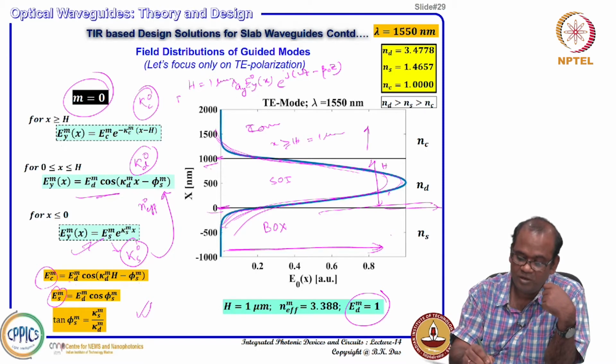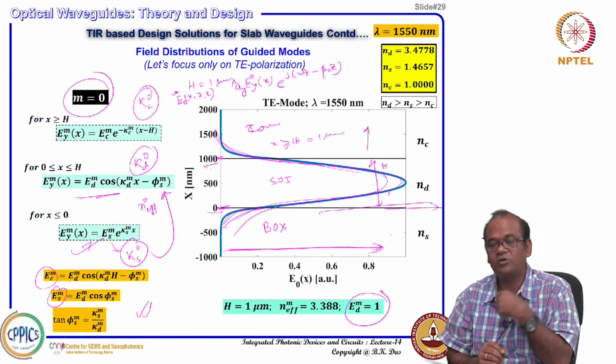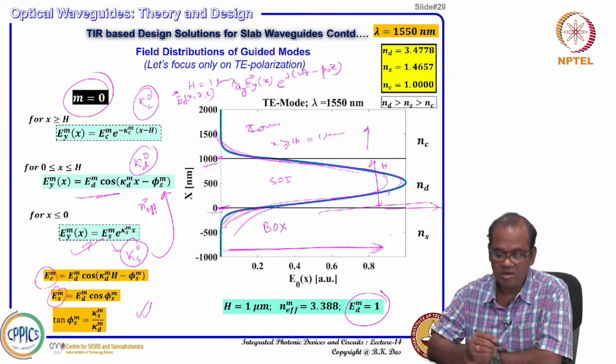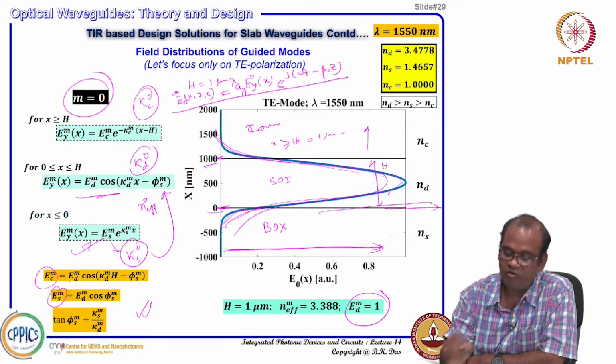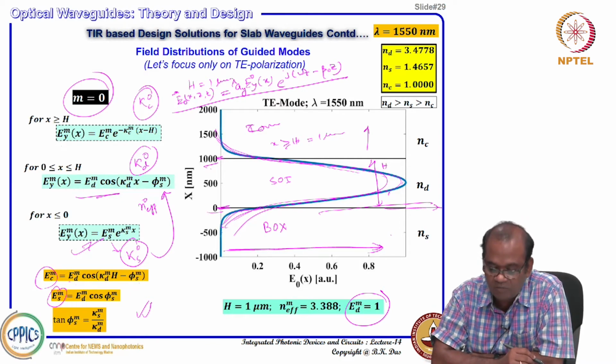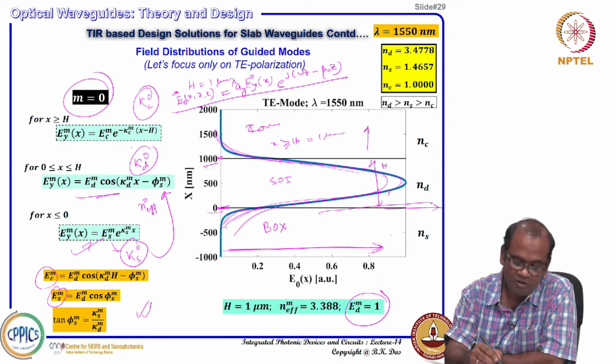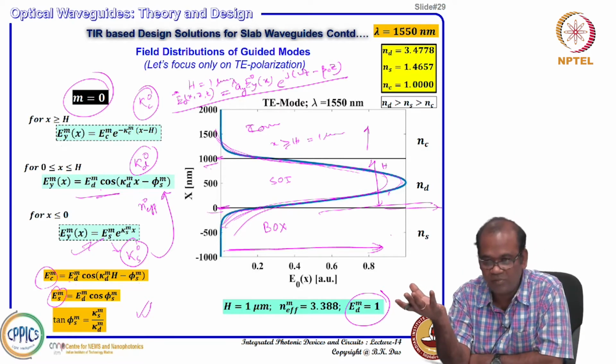So, this will be your E0 x z t; along the y direction I am not considering anything. Okay. So, x z t, this is the electric field associated with the fundamental mode, and once you know all this field, you already have the solution for the magnetic field also.